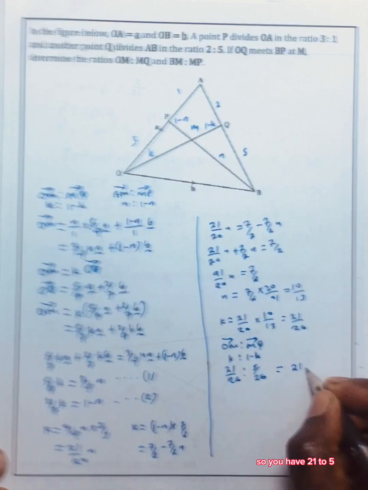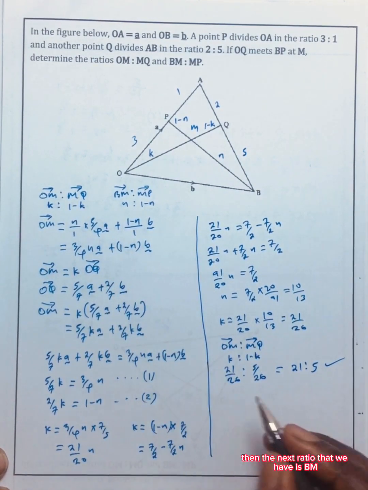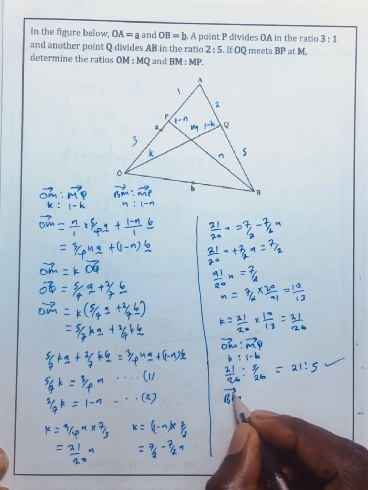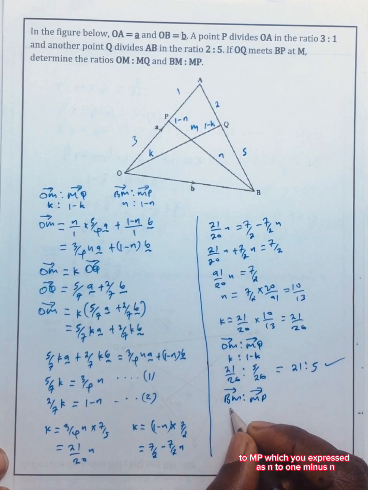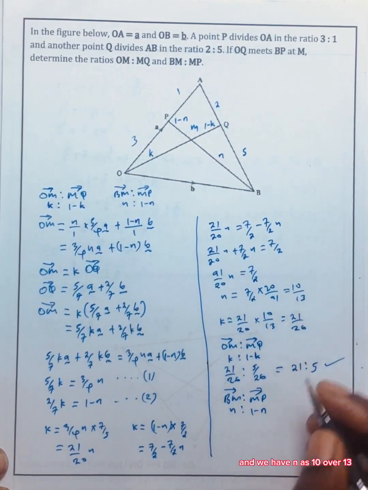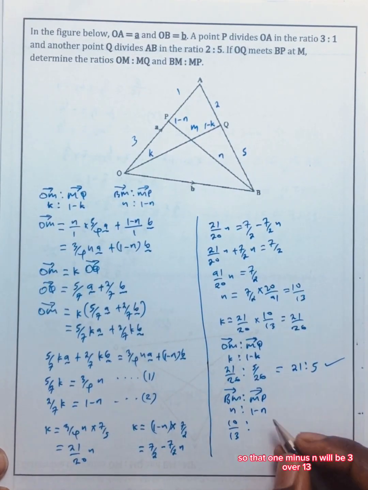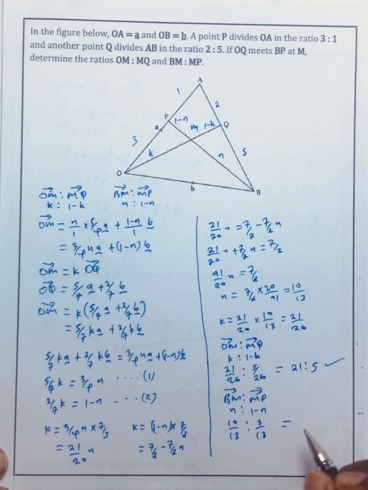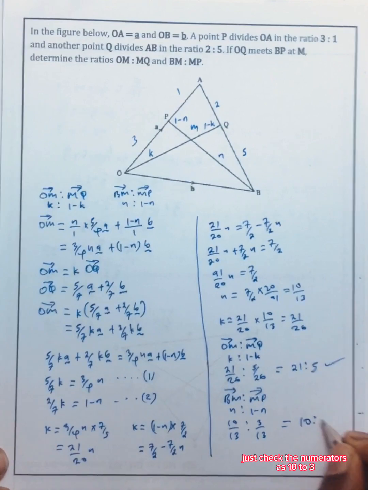So you have 21 to 5. Then the next ratio that we have is BM to MP, which we expressed as N to 1 minus N, and we have N as 10 over 13. So 1 minus N will be 3 over 13. Because the denominators are the same, just take the numerators as 10 to 3.